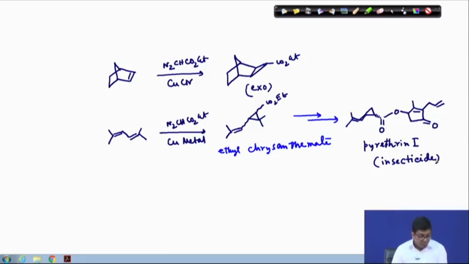Okay. So, in this way this diene can react with the metallocarbene and give this monocyclopropane, and this fragment has been used for further total synthesis.